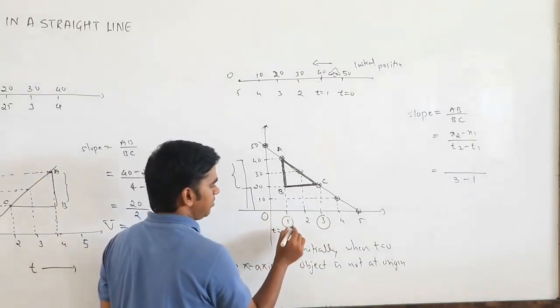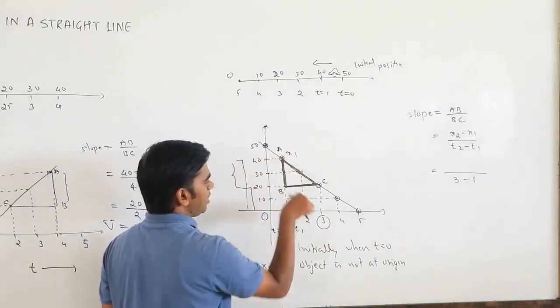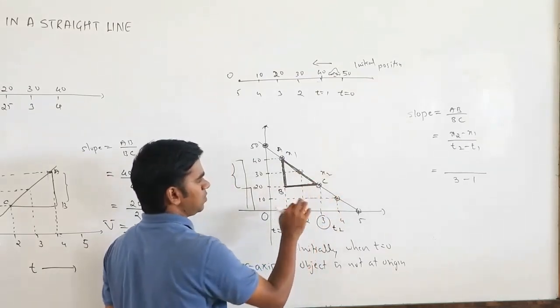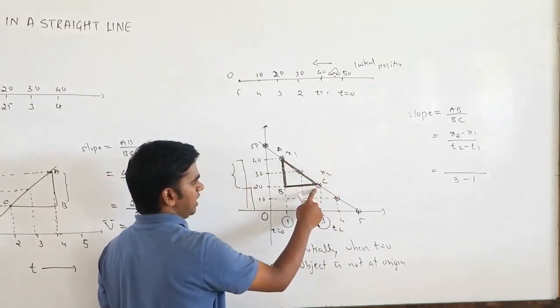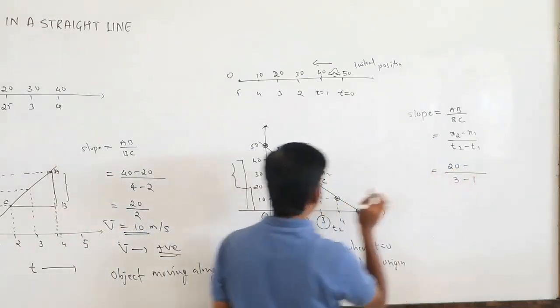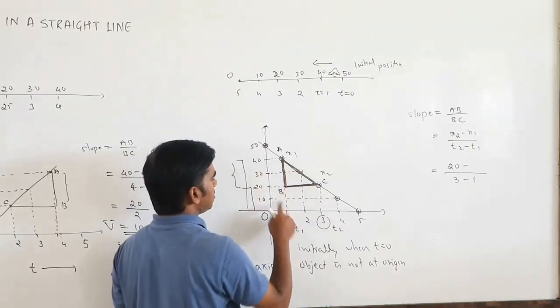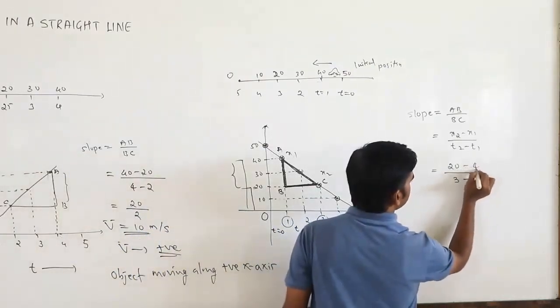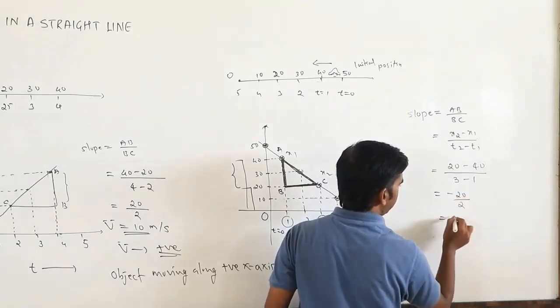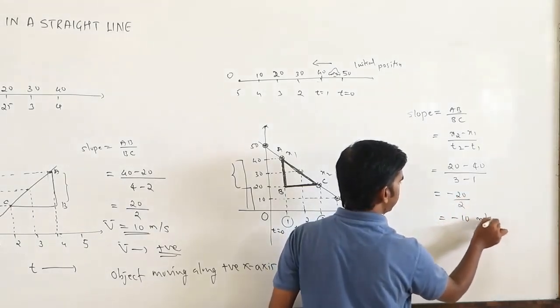When time t1 is here, this will become your x1. t2 is here, so this will become your x2. So x2 minus x1. x2 is what? 20, minus, what is x1? x1 is 40. Okay. So now minus 20 by 2. So what will you get? You will get minus 10 meter per second.